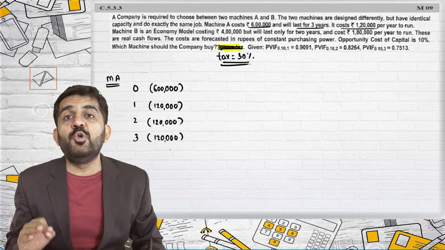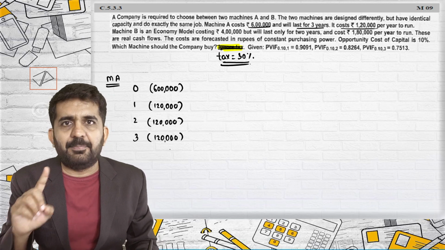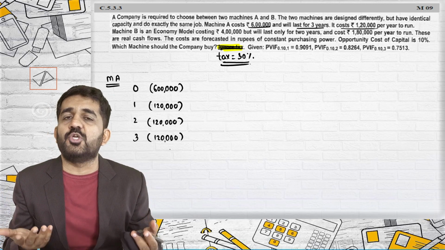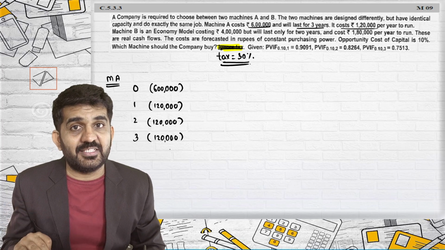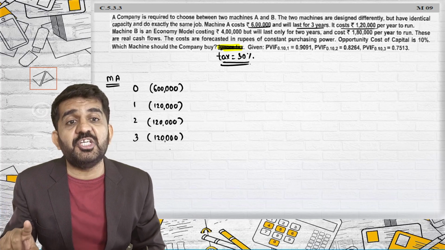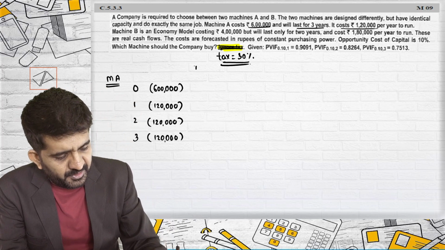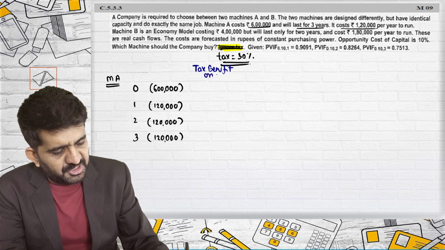See, when we ignore tax, we can ignore depreciation because depreciation is non-cash. There is no requirement of non-cash as far as finance is concerned. But whenever there is a tax, depreciation becomes important. Not exactly depreciation, but there will be a cash inflow, which is the tax benefit on depreciation.